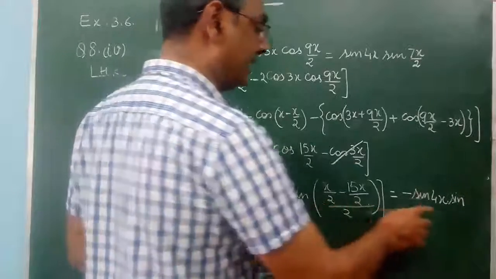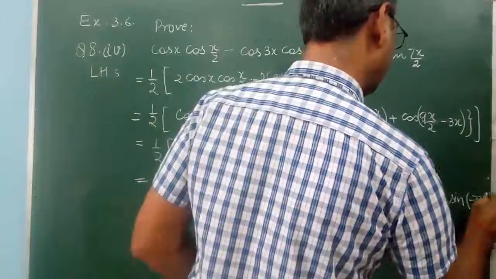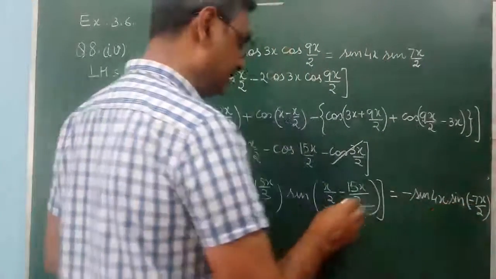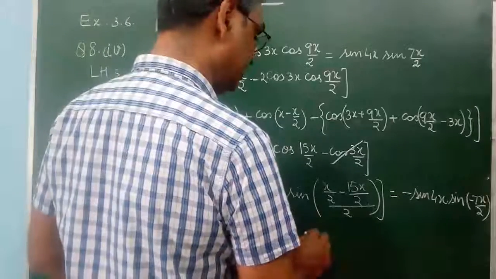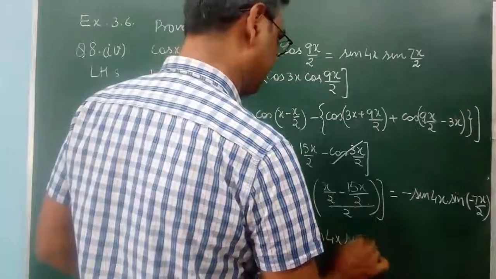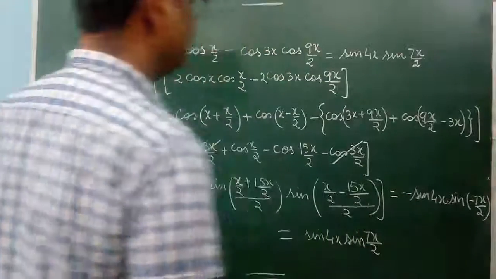Minus is there, so minus will come, or we can write minus 7x by 2 here. Sin minus theta is minus sin theta, minus and minus will become plus. So it will be sin 4x sin 7x by 2.